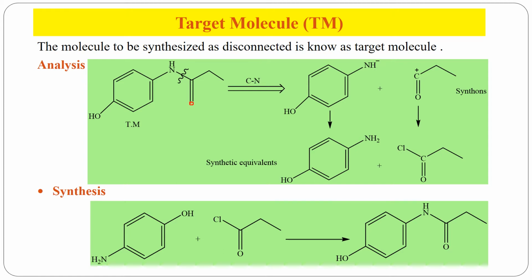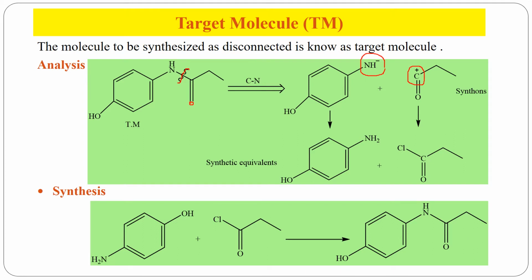When this bond is disconnected, nitrogen, being highly electronegative, becomes negatively charged, that is a nucleophile, and the carbon becomes an electrophile.